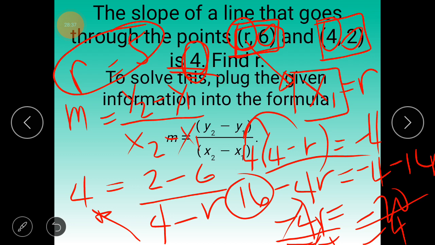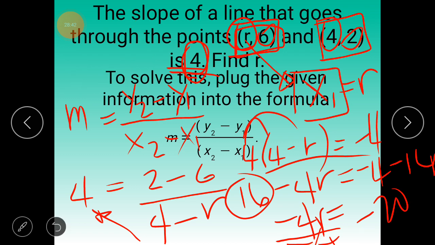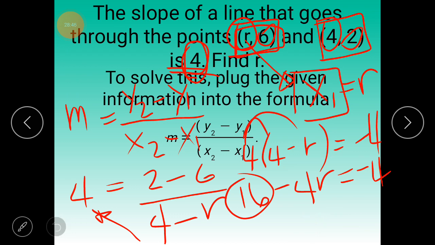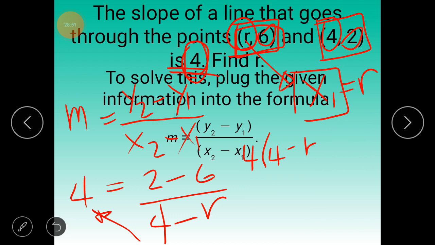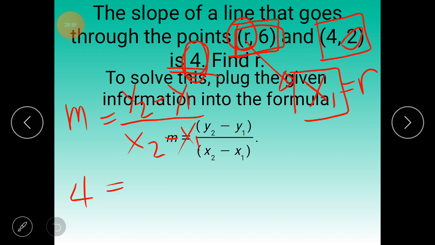Okay, so let's see the solution here. Same procedure, just write the equation first, then substitute the given. Even if the slope is not what is missing, you can still use the formula for finding the slope.